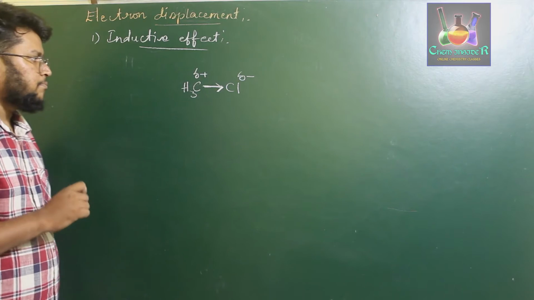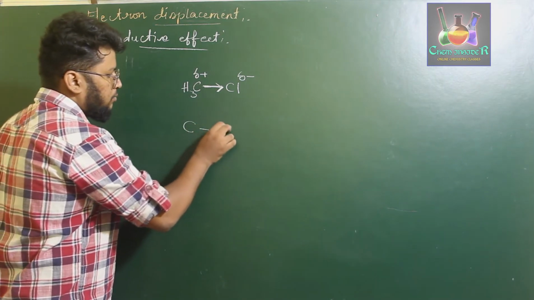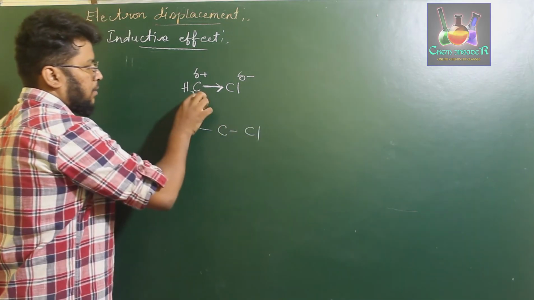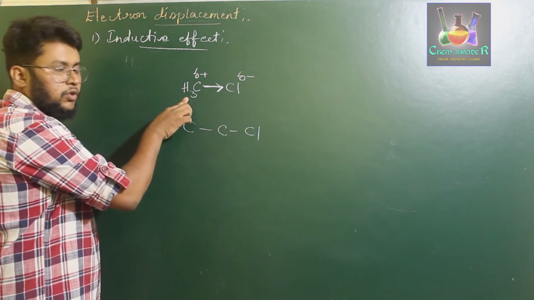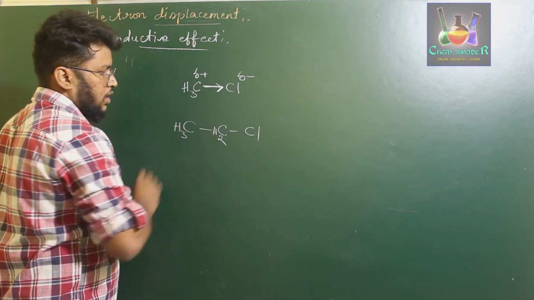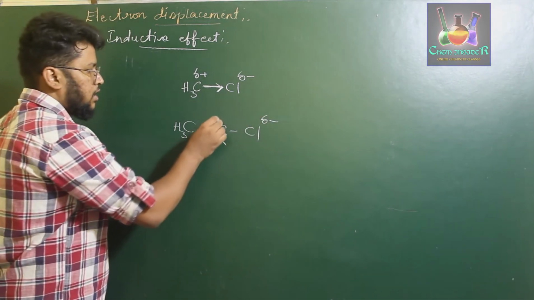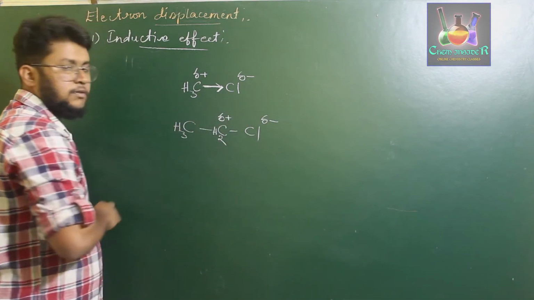Now, if you have one more carbon attached to the methyl group, here we have methyl chloride. If you take ethyl chloride, CH3CH2Cl, this chlorine atom will be carrying a delta minus charge and this carbon will be carrying a delta plus charge.